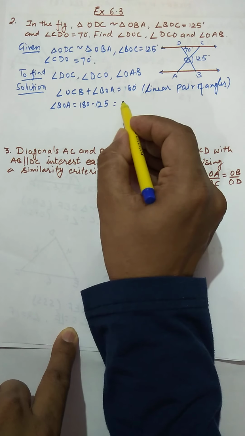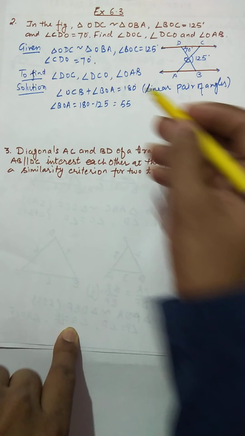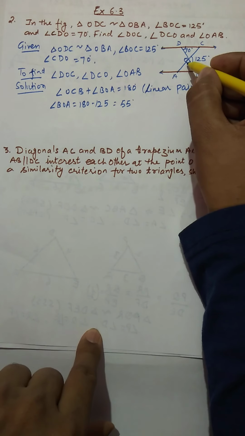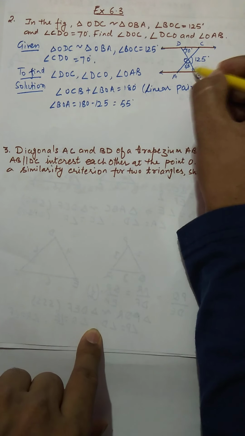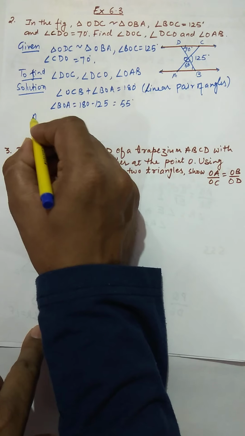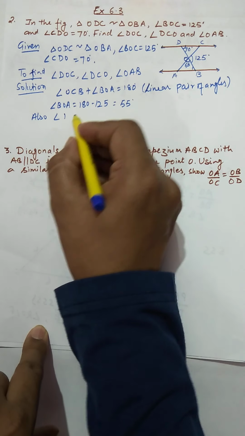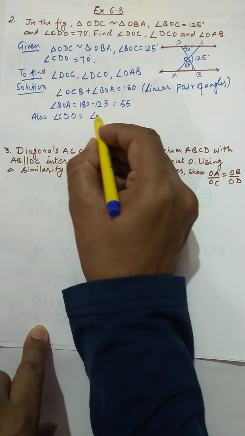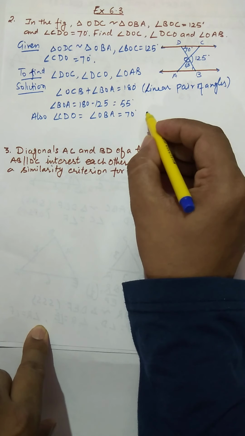So this is now going to be 55 degree. If this is 55 degree, and this is 70, so this also will be 70. Also you can say that CDO is equal to OBA, and both are going to be 70 degree.